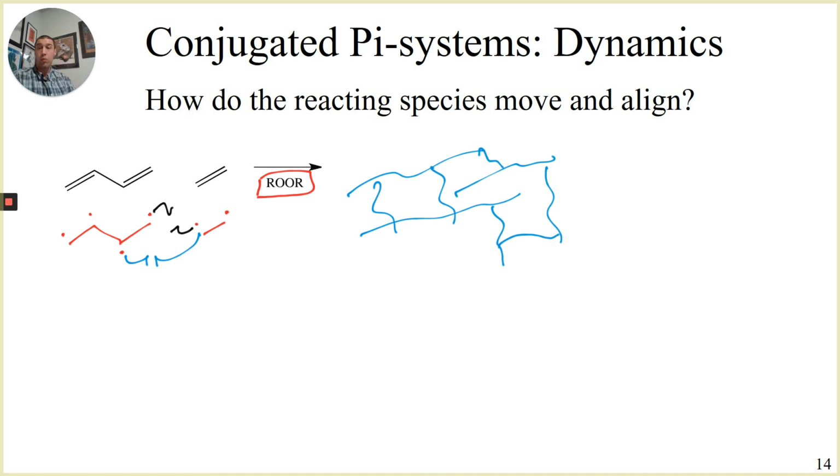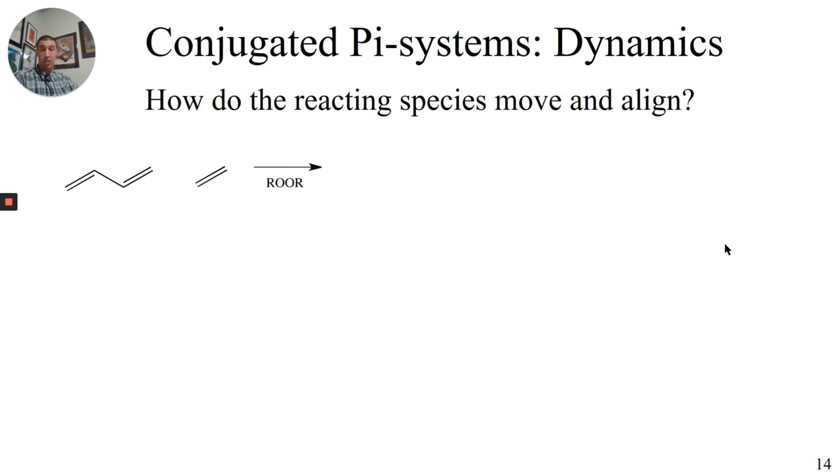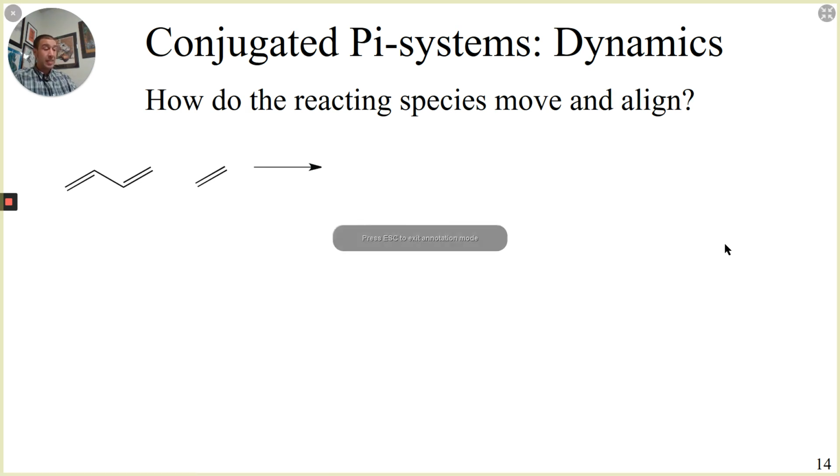We will address polymers in more detail much later in the semester, probably as a supplemental video. Okay? So what happens if we got rid of ROR? Well, now nothing should react, right? Except, something to consider. Can't I draw a resonance where I have a positive and a negative? And if you did that, that's fantastic.